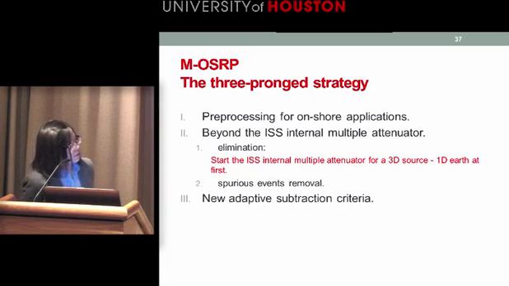The second part, we want to find the algorithm beyond the ISS attenuator. And in the first part, we start our investigation of elimination from 1D Earth. So for a more realistic case, we start our attenuator for 3D source 1D Earth at first.